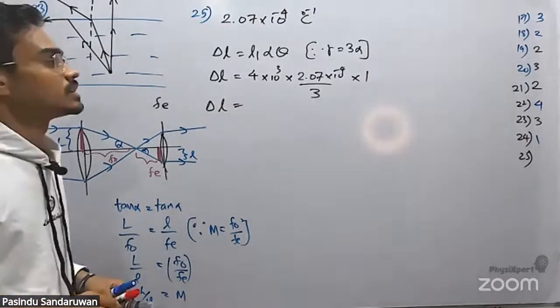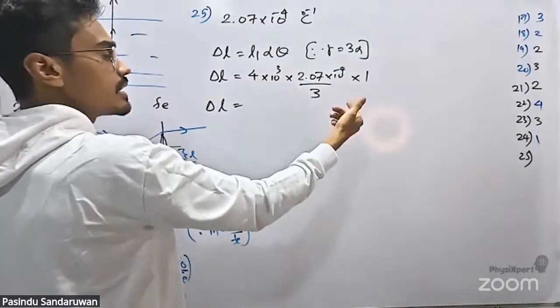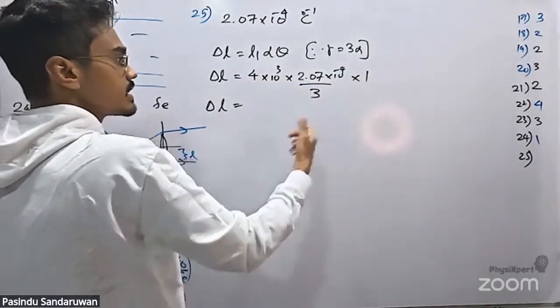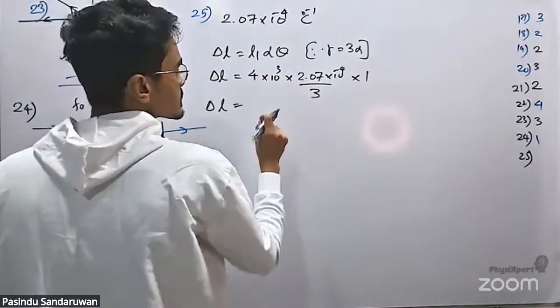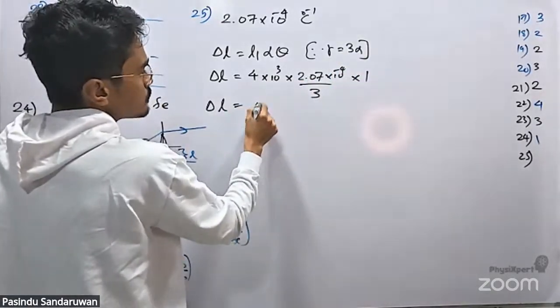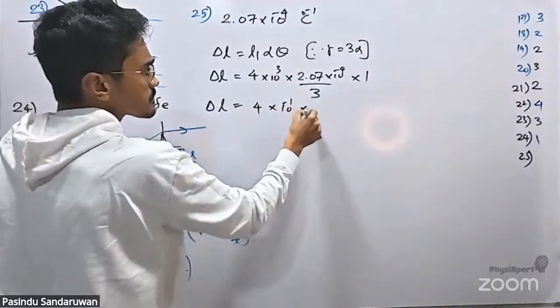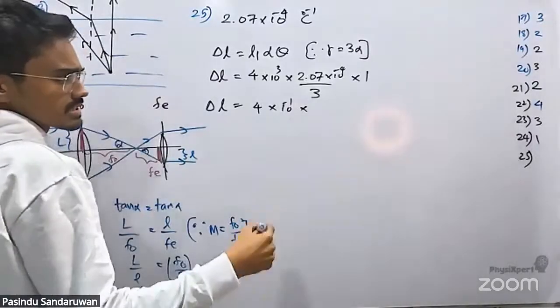So this should cancel, no? 207 means 69. Then this is 4. 10 to the power 3 and 10 to the power minus 4 means 10 to the power minus 1. And here 207 is 69.